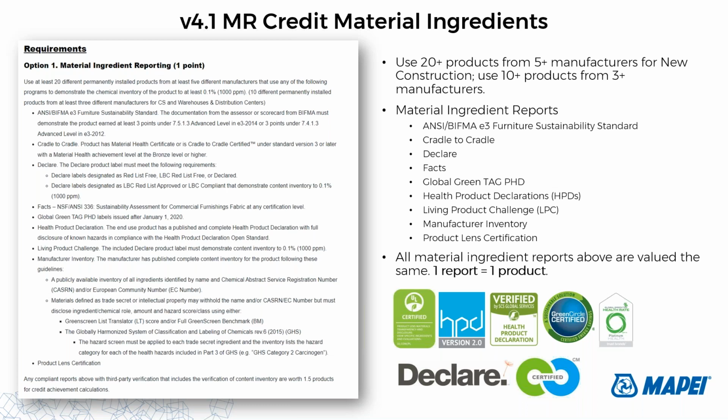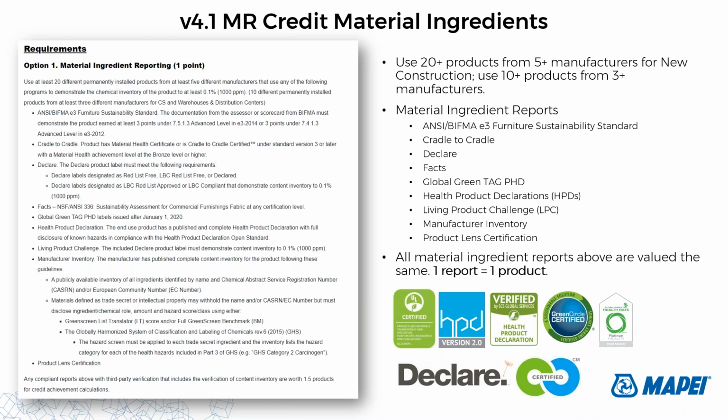That's not the case on the material ingredients credit. There are many types of material ingredient reports, but again, they're all valued the same. Most are familiar with HPDs or health product declarations or declare labels. However, there are at least 7 other types of material ingredient reports that LEED accepts.